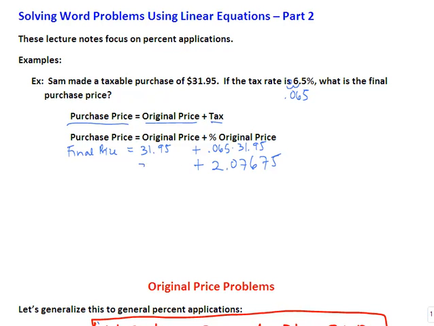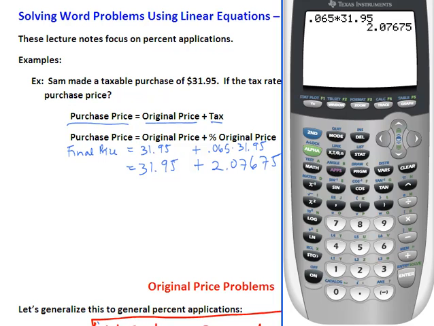We're going to add back into that our $31.95. So if I go back to my calculator and just add to that quantity $31.95, then my final purchase price is $34.02675. Now, in the concept of money, this would only make sense if we round off to 2 decimal places.